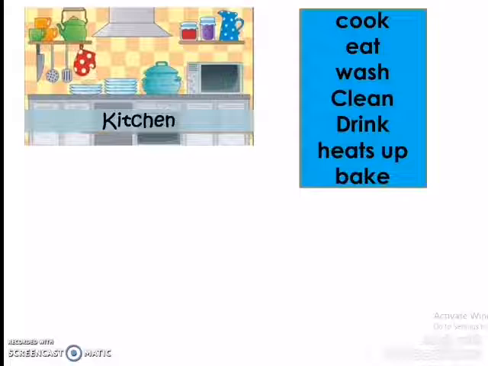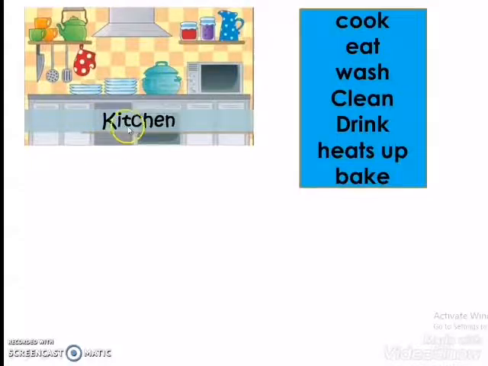Now, we are going to use these action verbs in a sentence and be careful when we add s and when we shouldn't add an s. If I use he, she, it in the sentence, I add an s to these action verbs. But if I use we, I don't add an s. Okay, let's look at the picture.